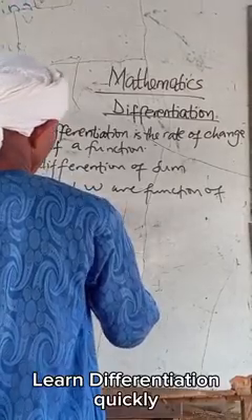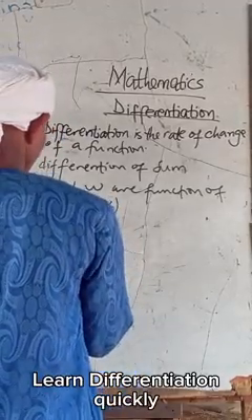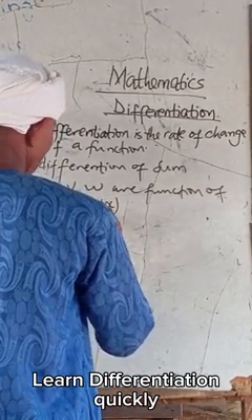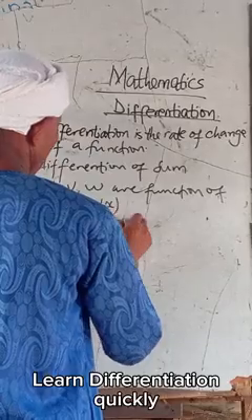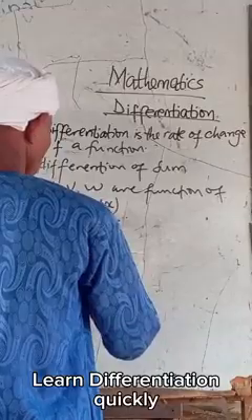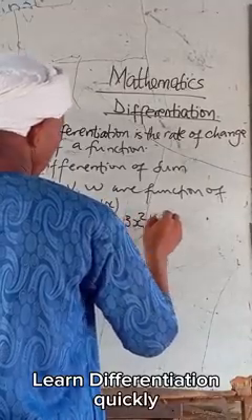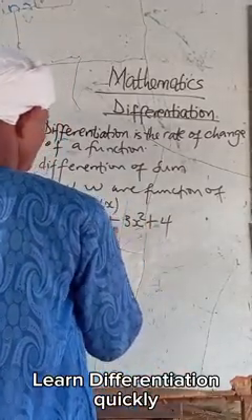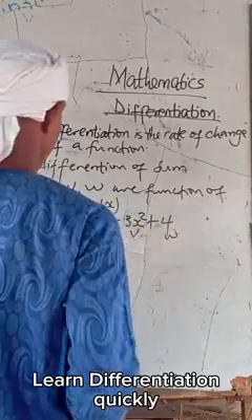Then for instance, if you have y equals 2x raised to power 3 plus 2x squared plus 3x plus 4. So this becomes our u, v, and w.